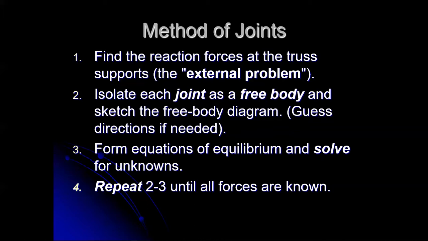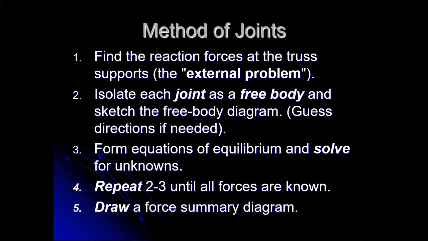If you've got 10, you'd have to do 9 free body diagrams. So we need one fewer iteration through steps 2 and 3 than the number of joints that we have in the truss. And so we keep on repeating. We loop over this until we have everything we need to know. So we've learned everything there is to know about the truss, and then we summarize it. We draw out a force summary diagram.